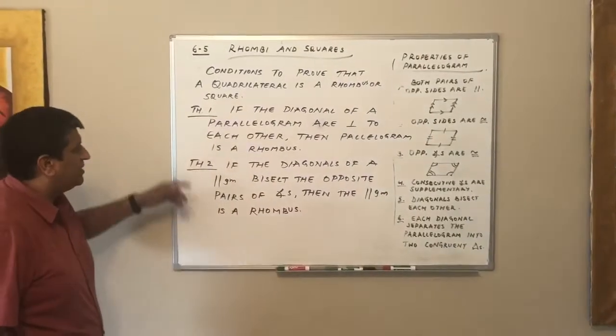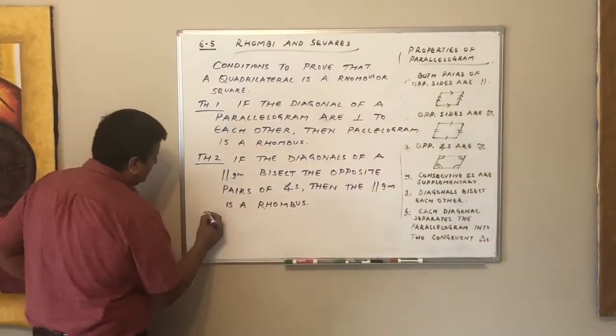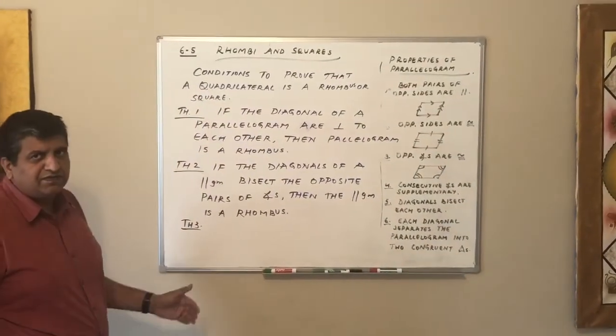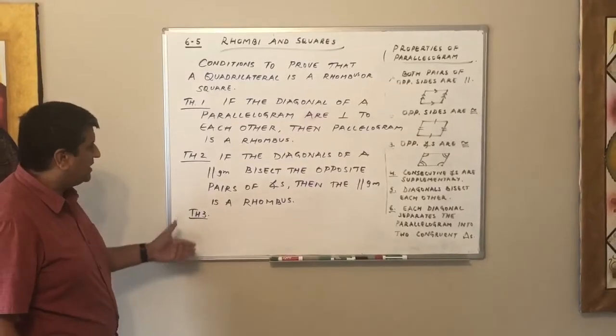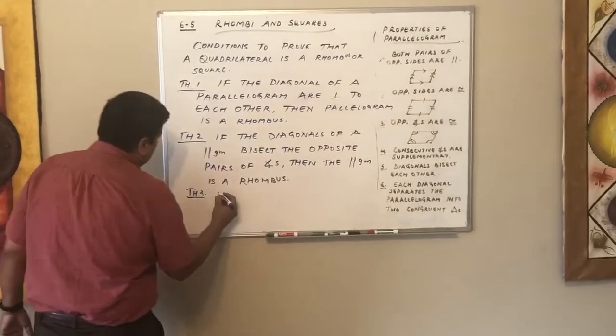So these two properties, we had done before, but the third one is actually new. If the consecutive sides of a parallelogram are congruent, then it's a rhombus.